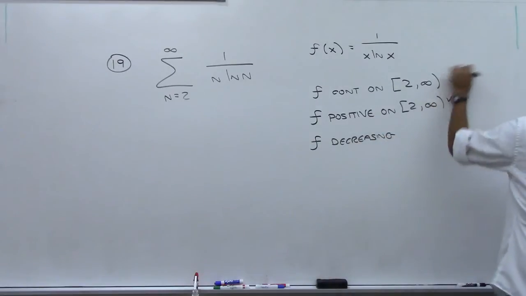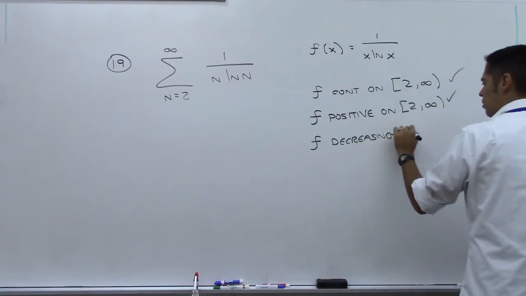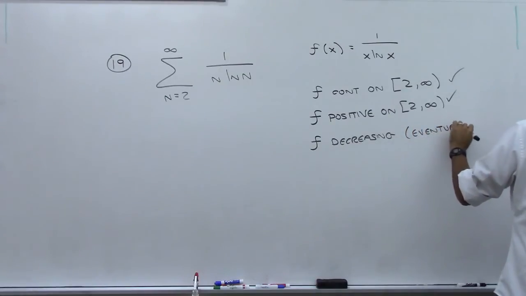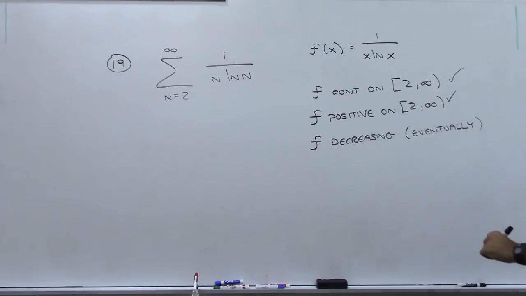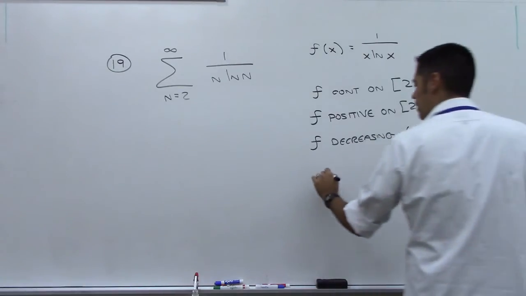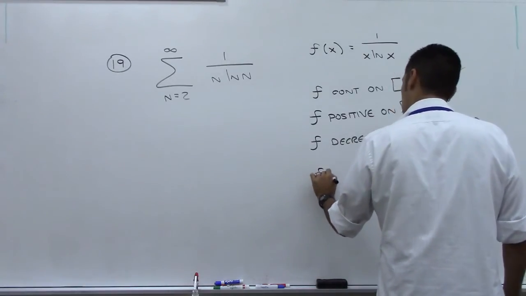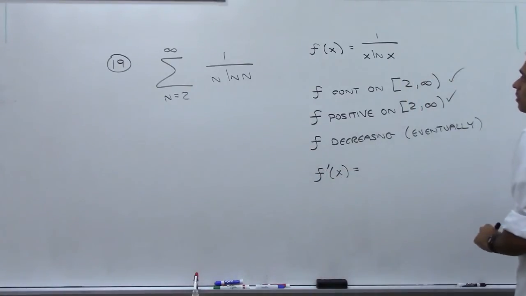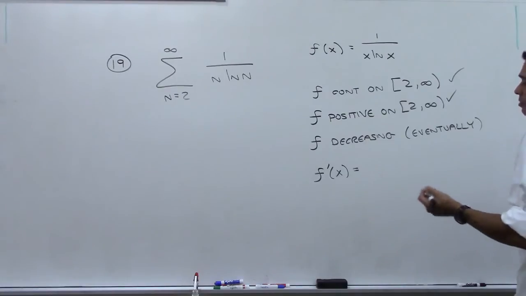It's positive, it's continuous, eventually, right? So let me take the derivative there. f prime of x equals, now there's several ways you could do this. I guess I'll just use quotient rule.